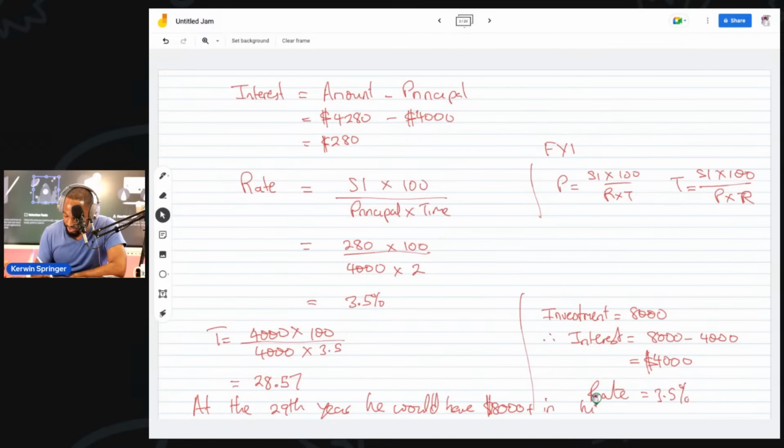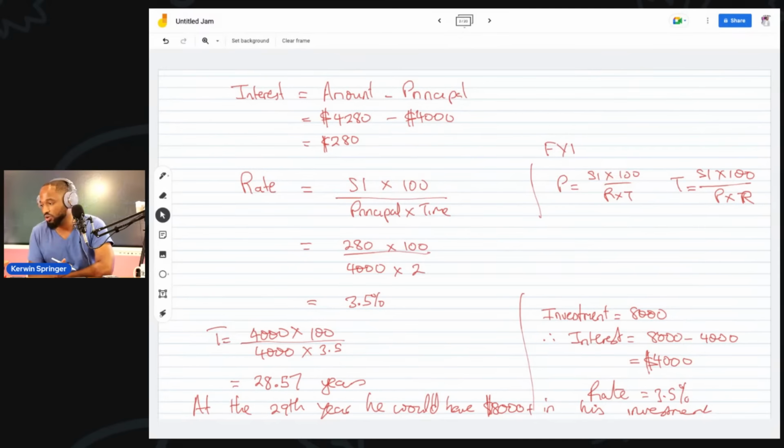I'm running out of space. Most of the time with these simple interest questions, you always see a decimal. Even if it was like 28.3, you always round up. This is one of the cases in mathematics where you always round up.